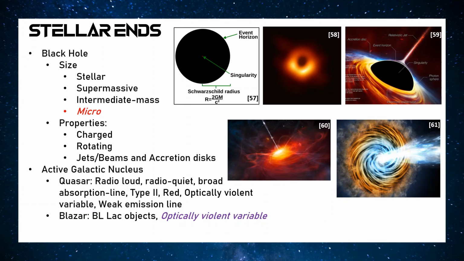So just before I move on, this is an actual photograph, and if you follow astronomy news at all, this is a pretty big deal. Recently, this was a picture of a black hole in the Messier 87 galaxy.